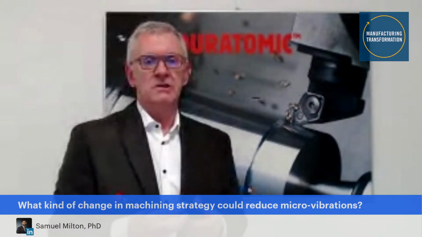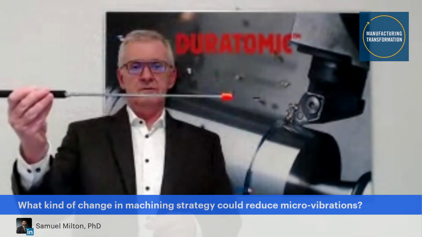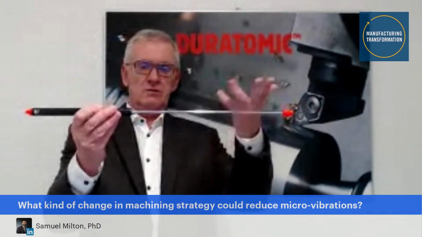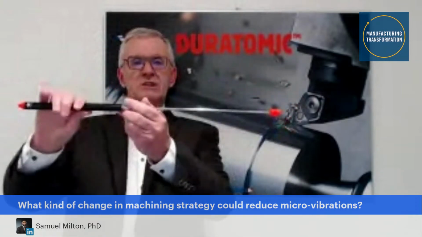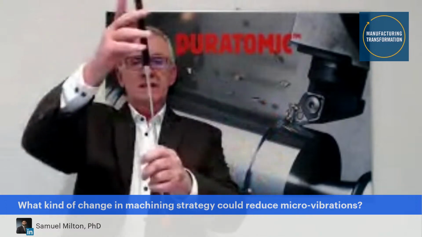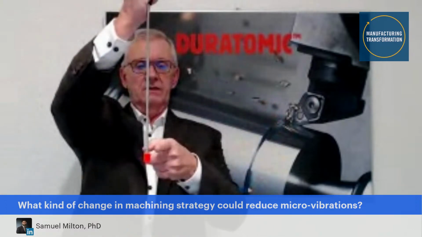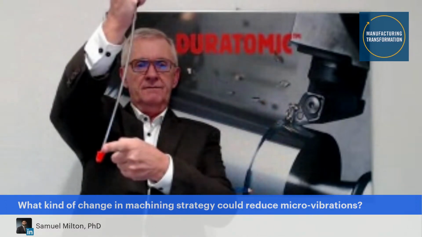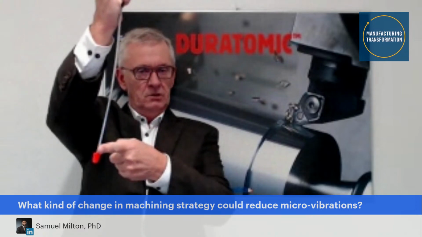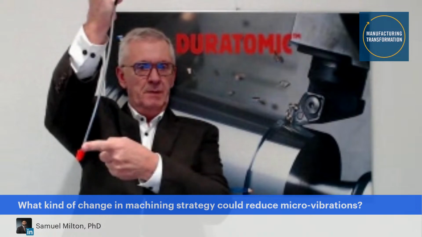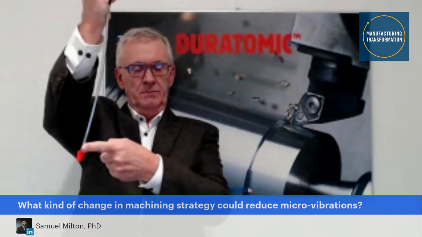Perhaps you know, this is a cutting tool. As a matter of fact, it's not a cutting tool, it's a pointer I use normally when I do live teaching. But let's call this a cutting tool. Let's say it's a milling cutter, and if I do this, cutting force, it bends. But do you see it vibrating? No. And if you push harder, it bends more, but it's still not vibrating.